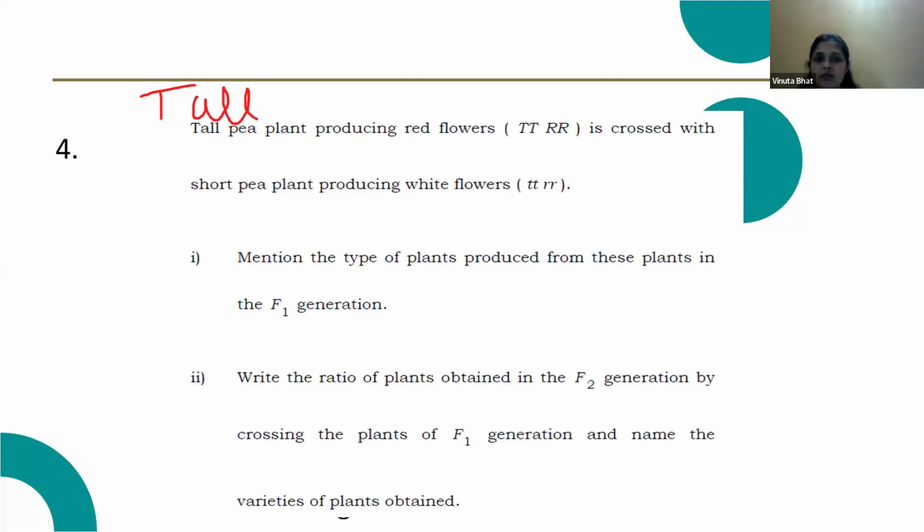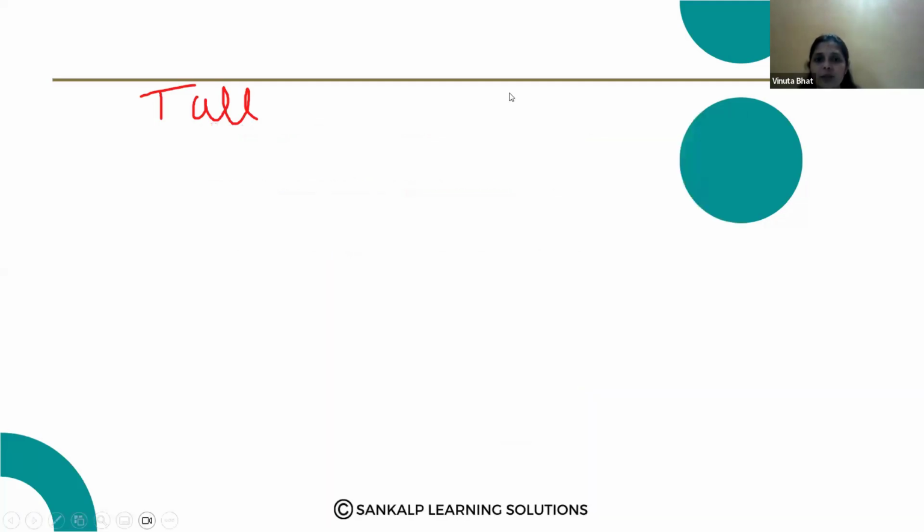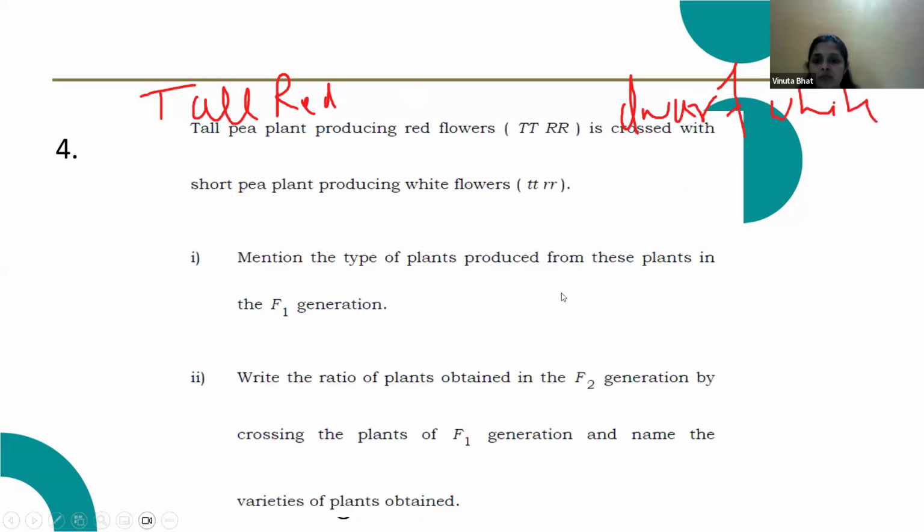Parental generation, that is, a tall pea plant producing red flowers, tall and red flowers. Then here, dwarf and white color, white flower.